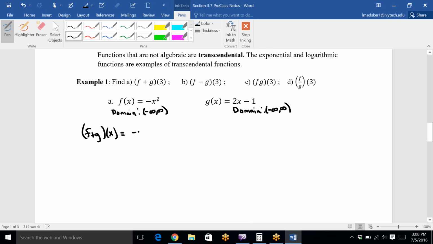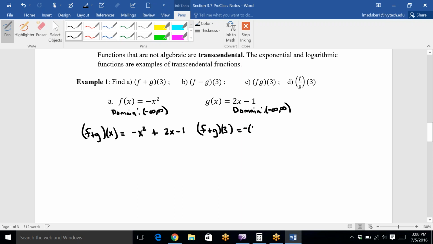So that would be f of x plus g of x. Think of it as two separate polynomials being added together. None of these are like terms, so this is f plus g of x. And since there's no domain issues, because there is no denominator or radical, we can go ahead and plug in 3.